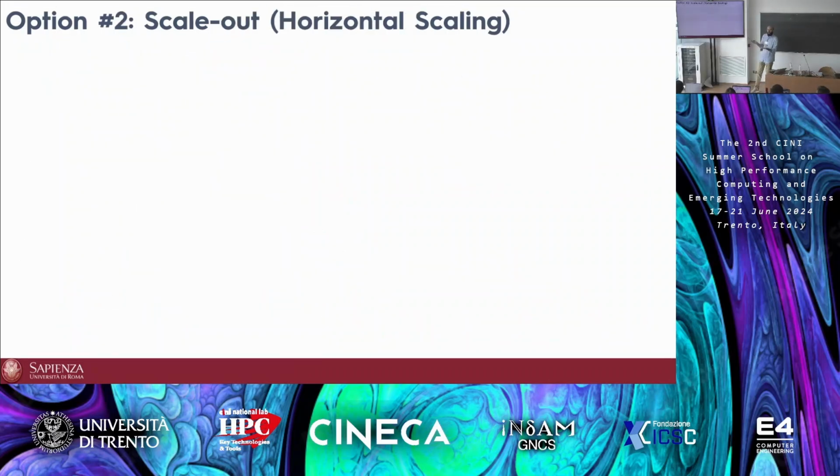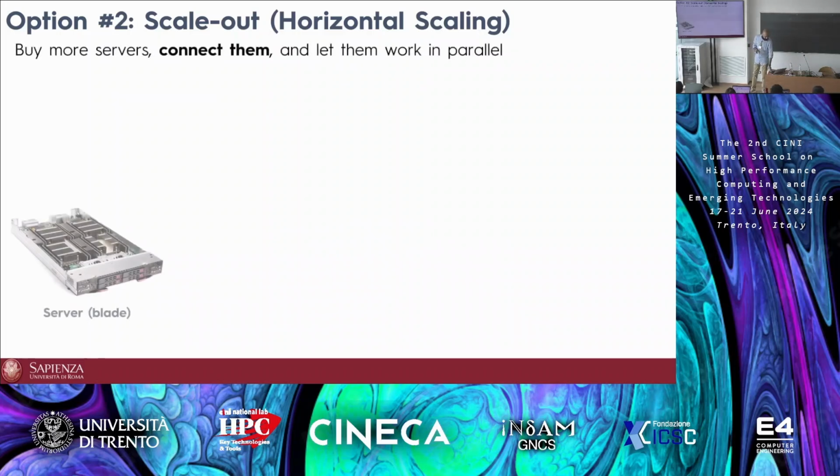So the second option that we have, and this is what I'm going to talk about today, is to scale out, or what is also called horizontal scaling, which means that you take one node, you take thousands of them, you connect them together, and in some way they will work and help solving your problem. So you usually have one server. They are made this way, flat.